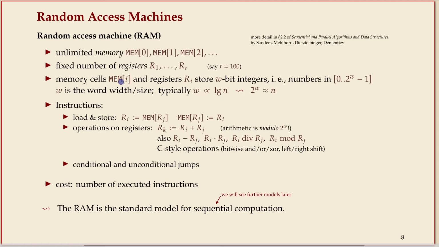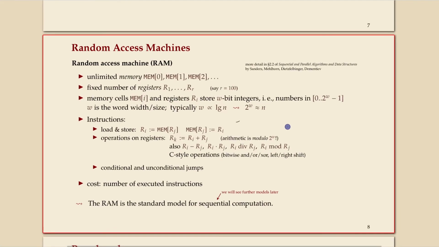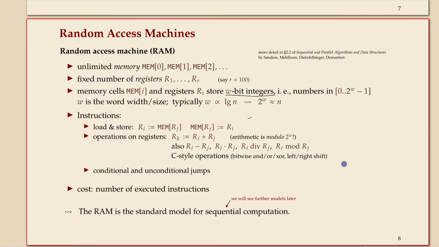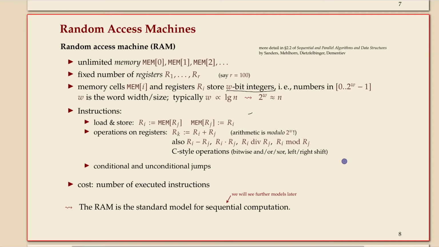Now, what can these registers and the cells in the memory store? They each store a w-bit integer. So that's the important part. It's not just any integer, it's an integer of a certain size with a certain number of bits.